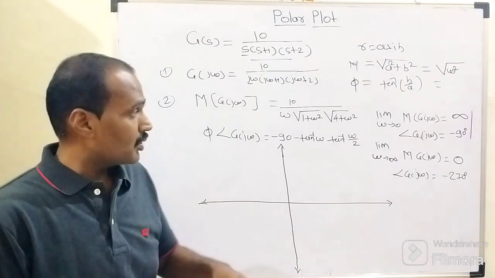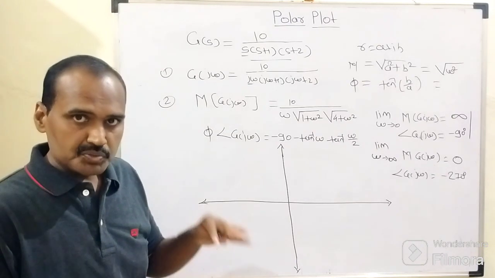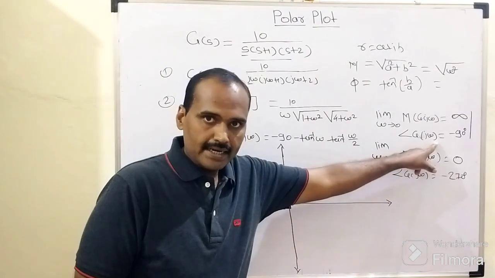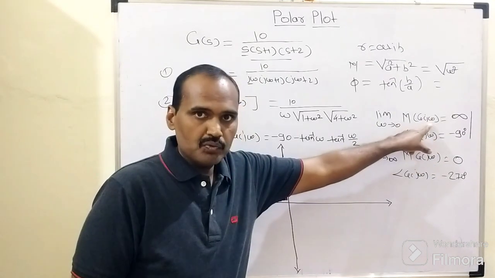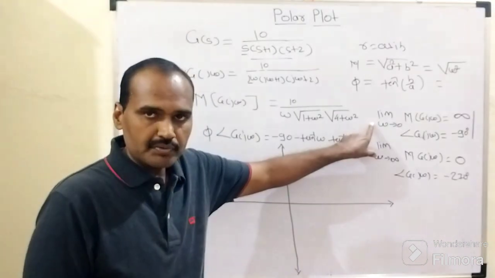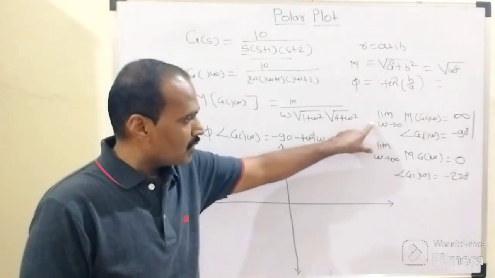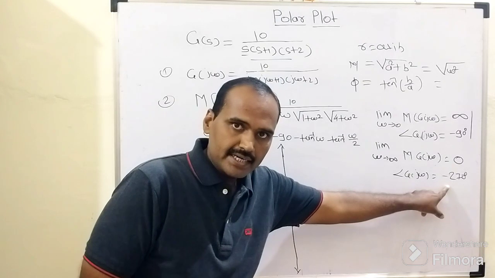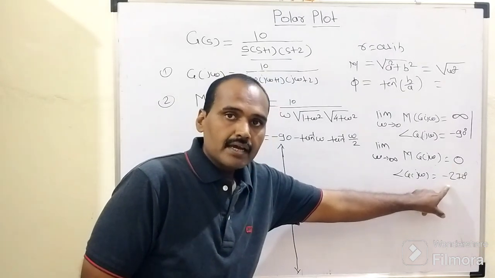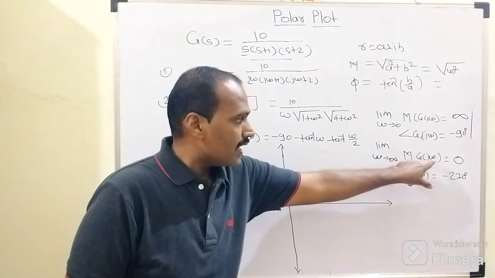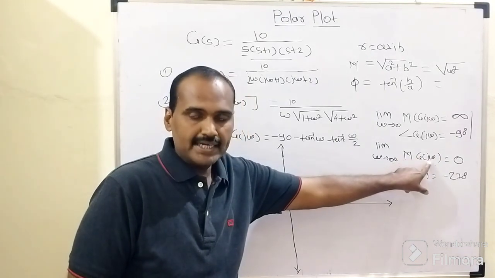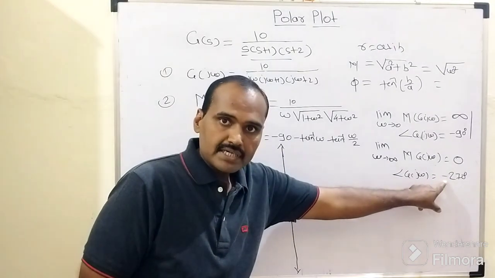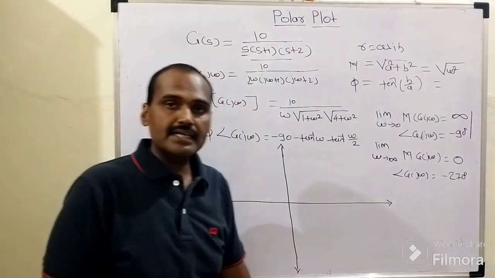This polar plot will try to touch this minus 90 degree line at infinite value when omega equals 0, and at the same time this polar plot will try to touch this minus 270 degree line when omega equals infinity.